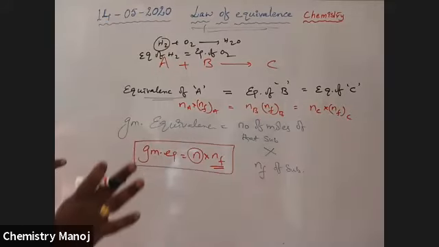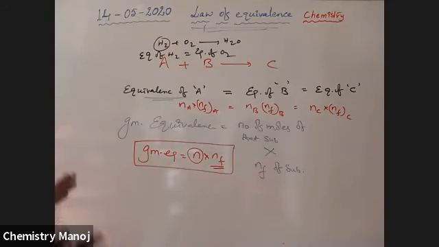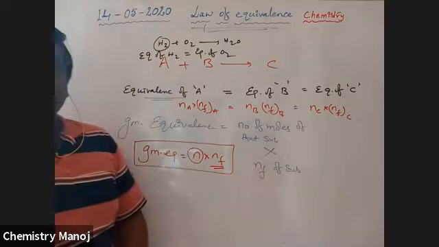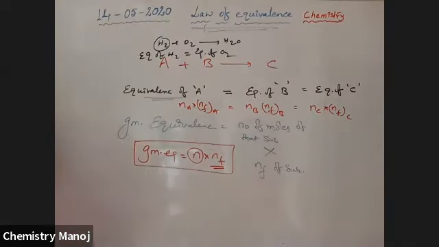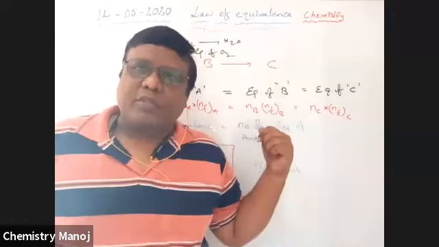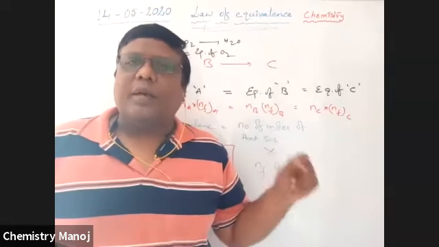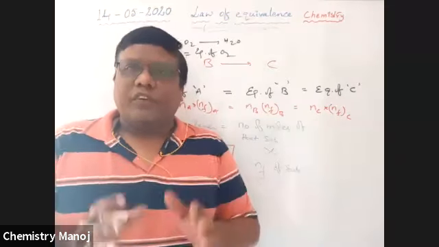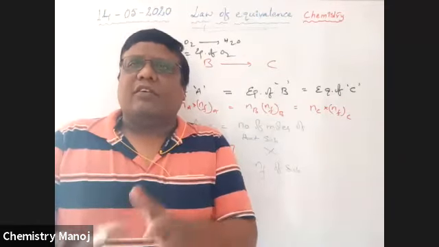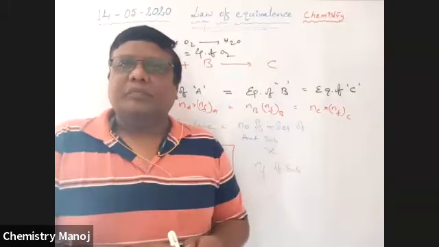Just like this, we are going to take some calculations based on this concept. So see here, what is the law of equivalence? In a chemical reaction, whether it is balanced or unbalanced, equivalence of substances reacting together, equivalence of one of the reactants is equal to equivalence of another reactant.